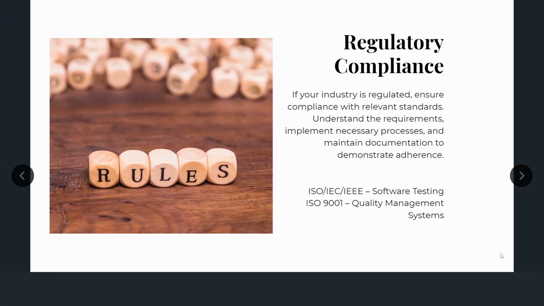What else is on a quality assurance manager's plate? Well, regulations. Yeah, it's bullshit of the highest order, but it will keep you on the straight and narrow. It'll keep you honest. If your industry is regulated, ensure compliance with the relevant standards. Understand the requirements, implement necessary processes, and maintain documentation to demonstrate adherence.